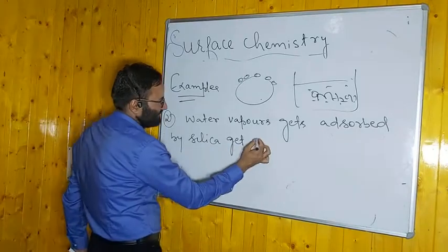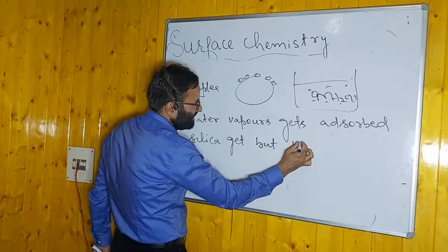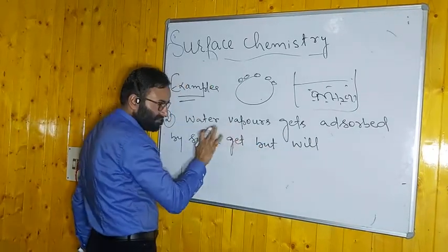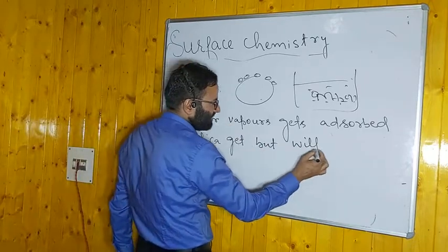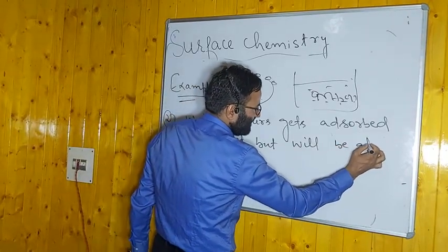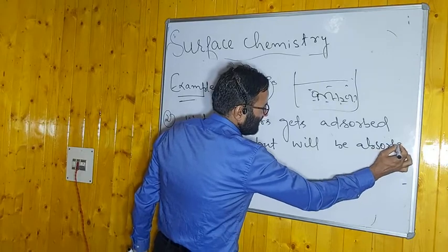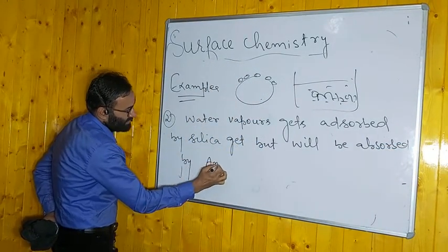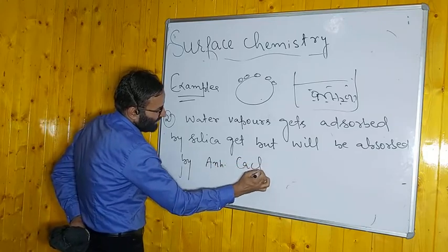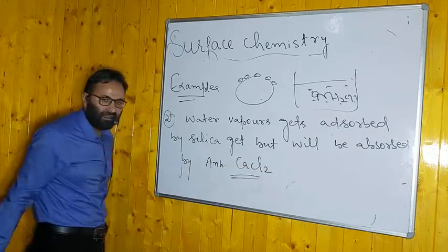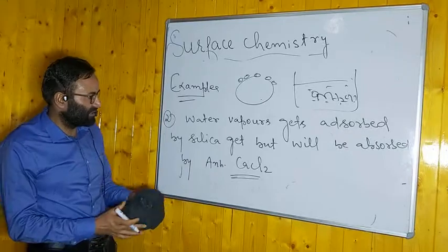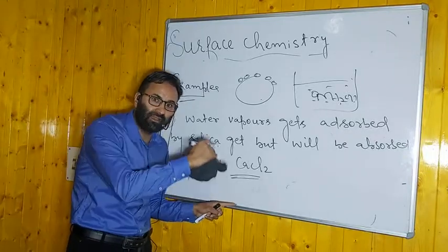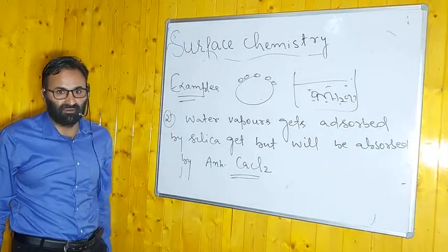But now we talk about the water molecules, which will be absorbed by anhydrous calcium chloride. If you have anhydrous calcium chloride, what will happen? At that time, water molecules will enter into the bulk. At that time, it will be absorption.